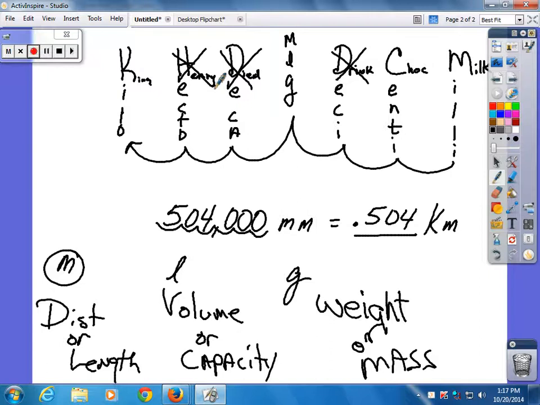Most people know what millimeters are, or milliliters. A cc is equal to 1 milliliter. A millimeter is equal to the width of the head of a pin, or head of a small nail. A centimeter, you measure a paper clip in centimeters. A lot of people don't know what a centimeter is. It's about the width of your fingernail.